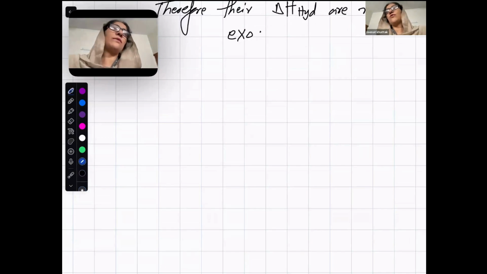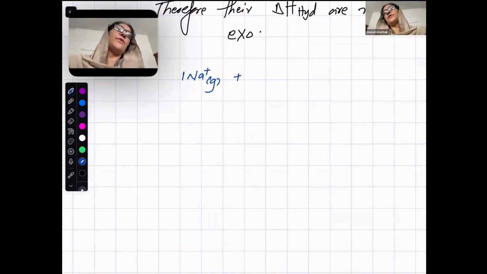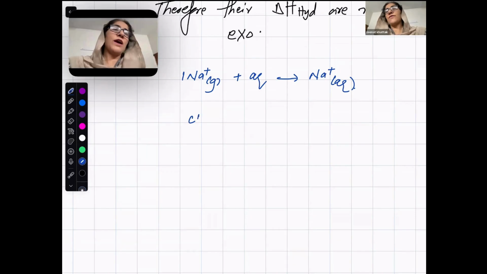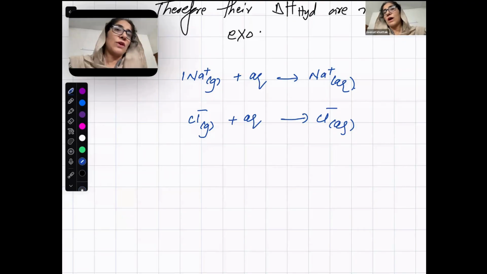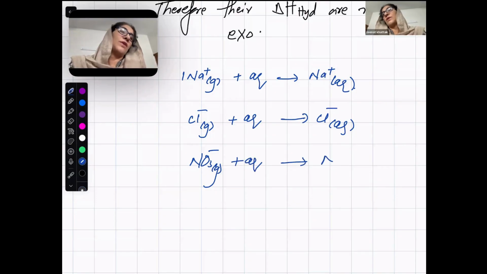Now listen. If I have 1 mole of sodium ions, if I put this in excess water, the sodium ions are surrounded by water. If I have chloride ions in water, chloride aqueous, I have nitrate ions, nitrate aqueous.